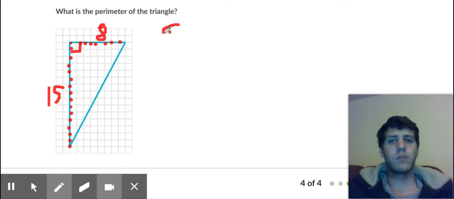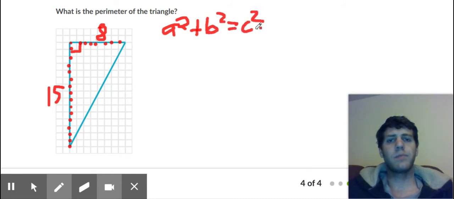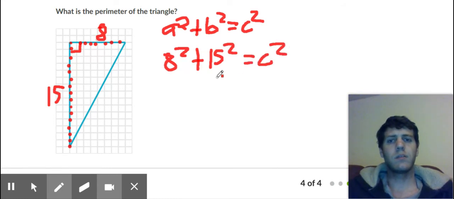Those are your legs. So we can use the Pythagorean theorem because it's a right triangle. So we have a squared plus b squared equals c squared. A and b are your legs, so we have 8 squared plus 15 squared equals c squared. I will just call this c.